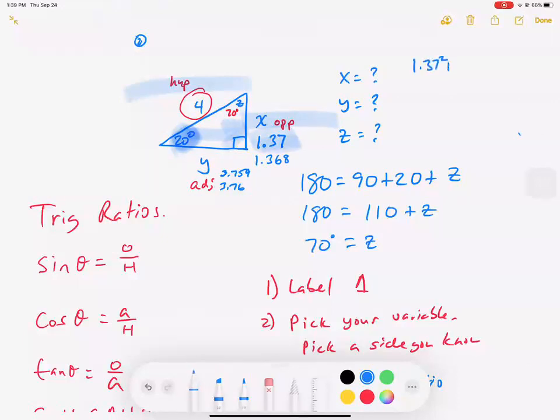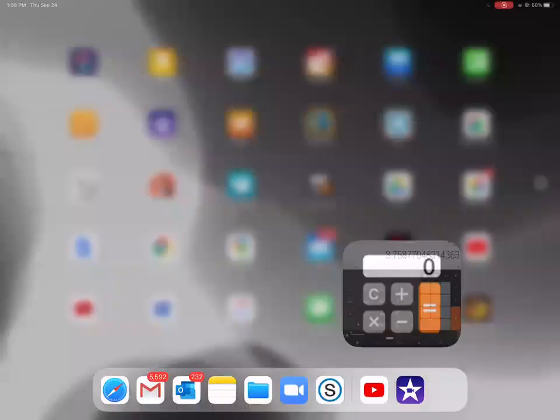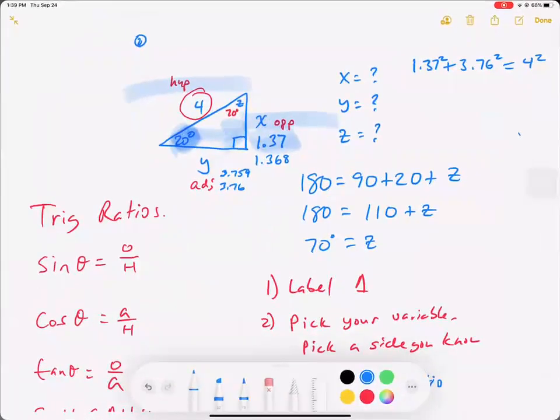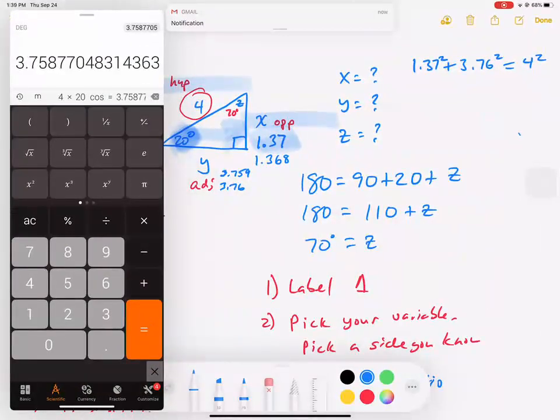1.37 squared plus 3.76 squared, would it equal 4 squared? We're just double checking using a calculator. It's not going to be completely perfect because of round off error. So let's go ahead and try this. So we know 4 squared is 16, okay?